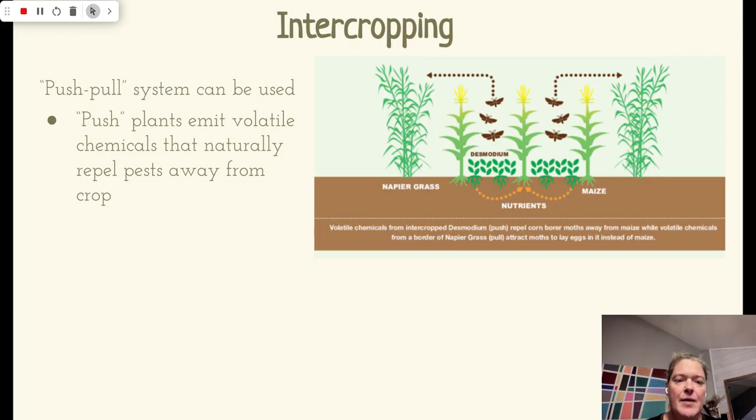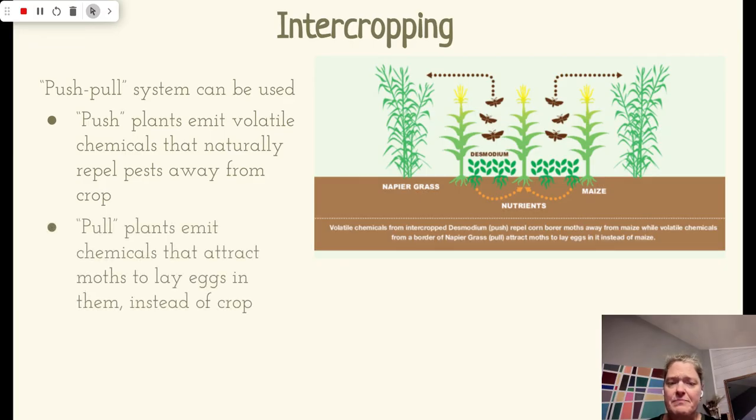They'll now go to the Napier grass and feed on the grass as opposed to feeding on the corn and the soybeans. That's one way that you can keep them out of your crop fields that you're trying to grow and get a profit from.